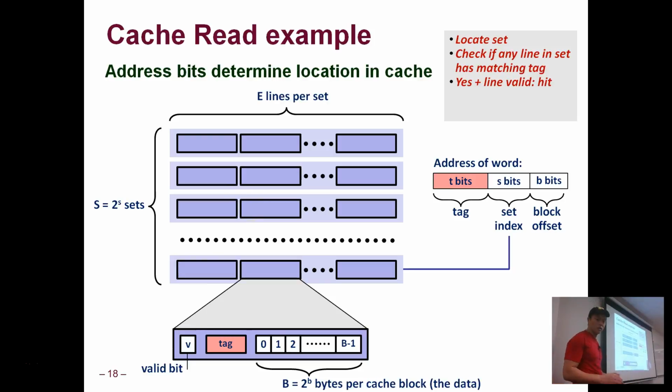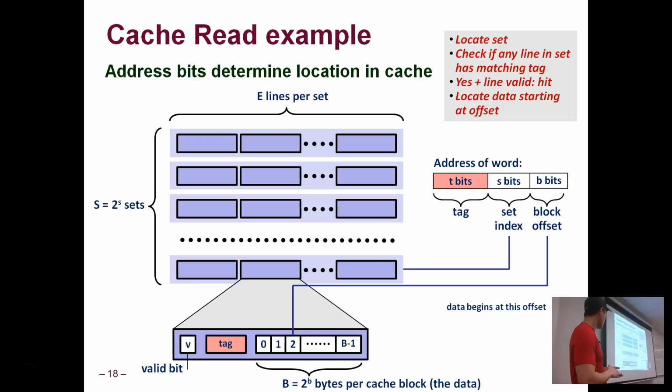Then you check to see if any one of the blocks in this set matches your tag, because any number of blocks could have been placed in this cache. You are looking for a very specific block that exactly matches your tag. If you do find one that matches, then the rest of the bits will tell you which byte in this block to return. All right.